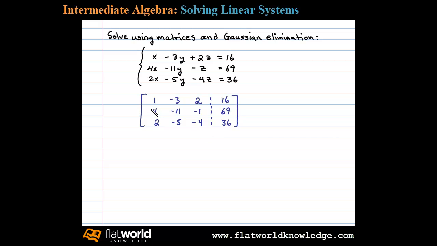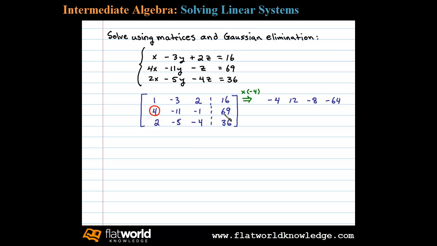So we'll use the elementary row operations to try to replace this 4 with a 0. We can do that here by multiplying the first row by -4. Doing that, we'll be left with -4, 12, -8, and -64.